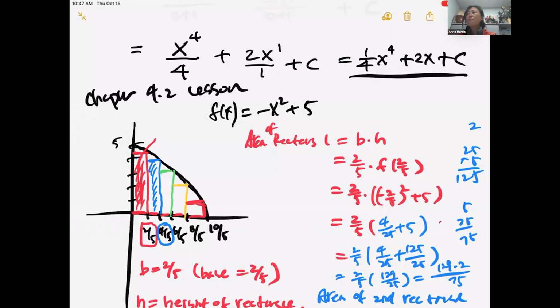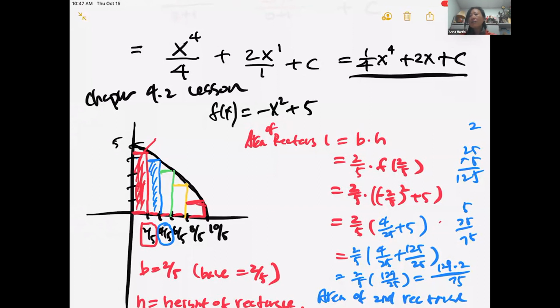You draw a small rectangle for each small piece under the curve, physically find the area of each one, and then combine them together to get the entire area under the curve.